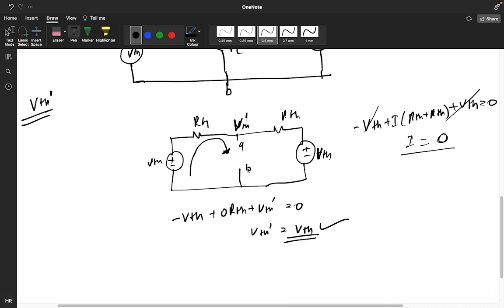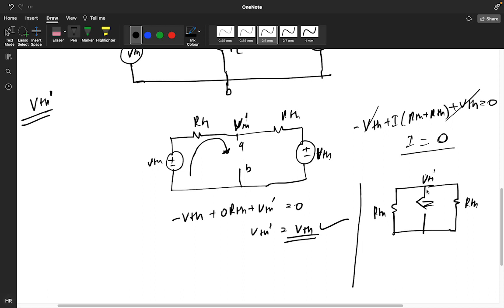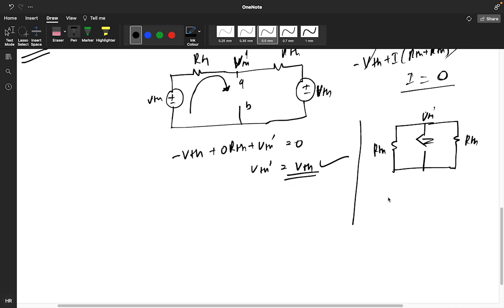What about R equivalent, your new RTH? For the new RTH, this will be RTH, this RTH. So you are seeing from this particular VTH dash, both are parallel. So your RTH dash is RTH by 2, your new RTH.